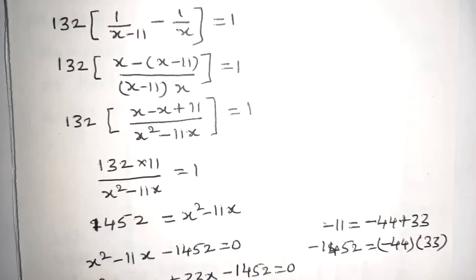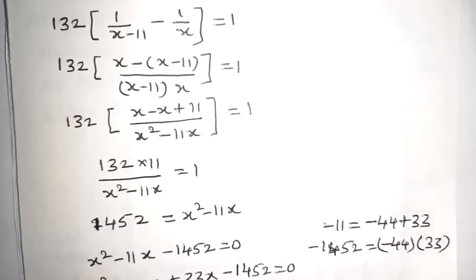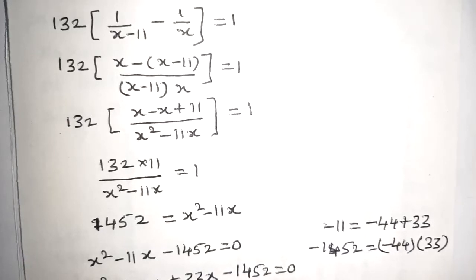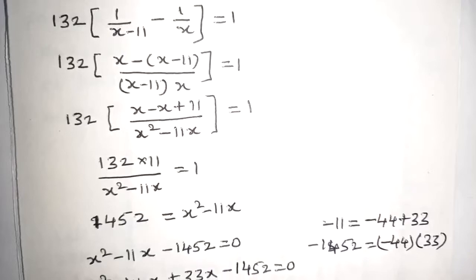This quadratic equation can be solved by factorization method or quadratic formula method or by completing the square method. Now we discuss how to solve this quadratic equation by factorization method.